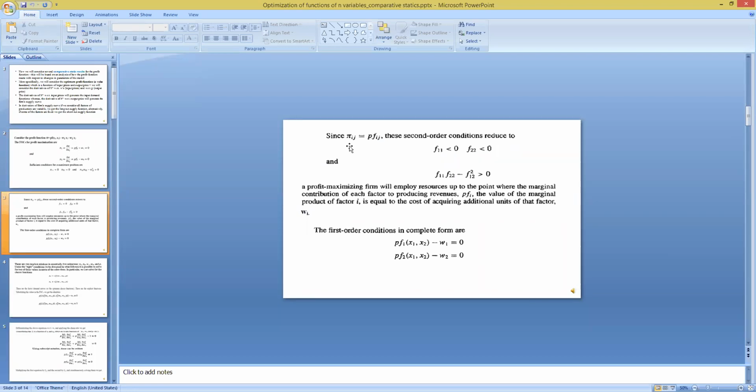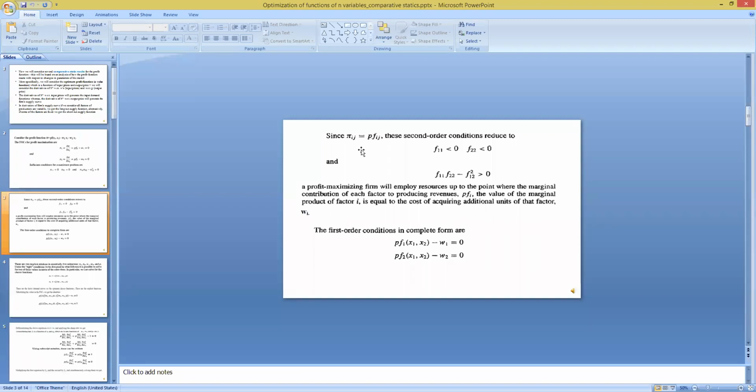I'm giving you a general context. Pi ij means pi 1,2, pi 2,1. If i is equal to j, in that case it will be pi 1,1 or pi 2,2. So when we are taking the derivatives, pi ij, the standard functional form is P f ij. If i is equal to j, then we are getting f11, f22, this kind of expressions. And if i is not equal to j, in that case we are getting f12.